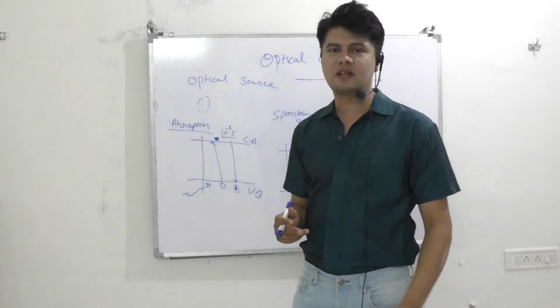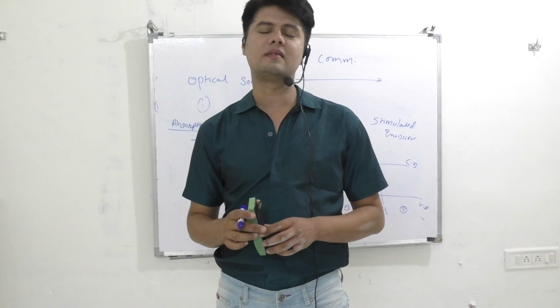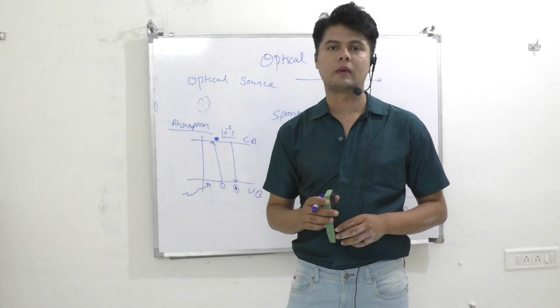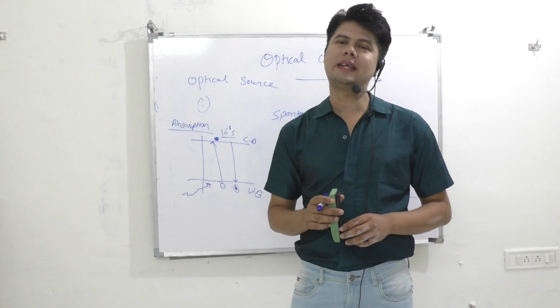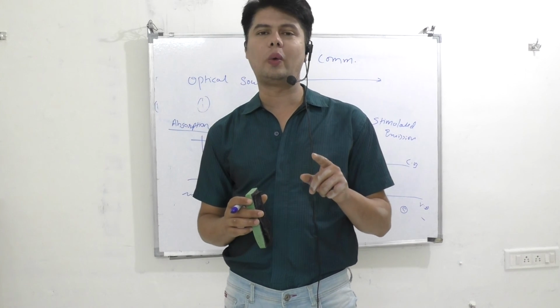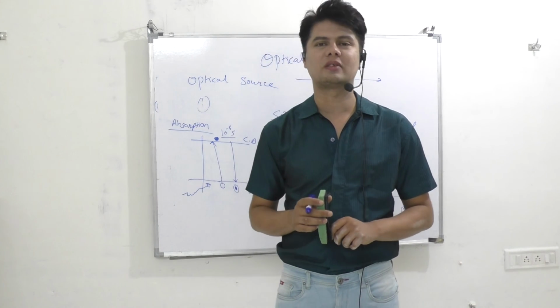The first one is electron hole pair generation, and the second one is electron hole recombination. So please, dear students, read these two processes: electron hole pair generation and electron hole recombination.